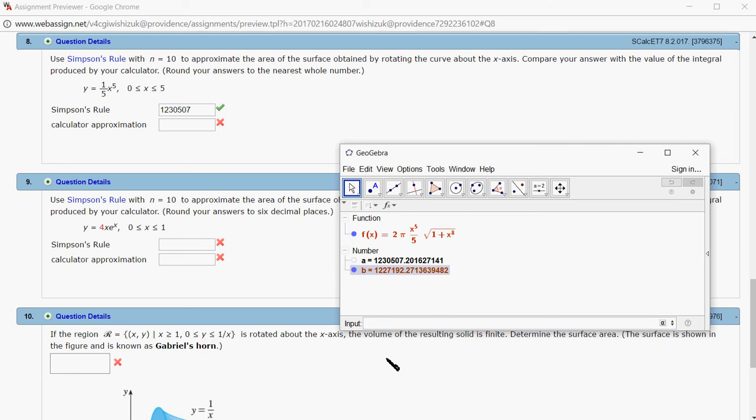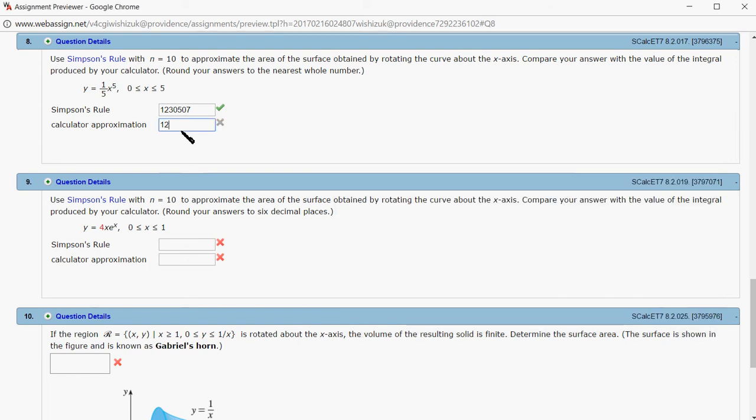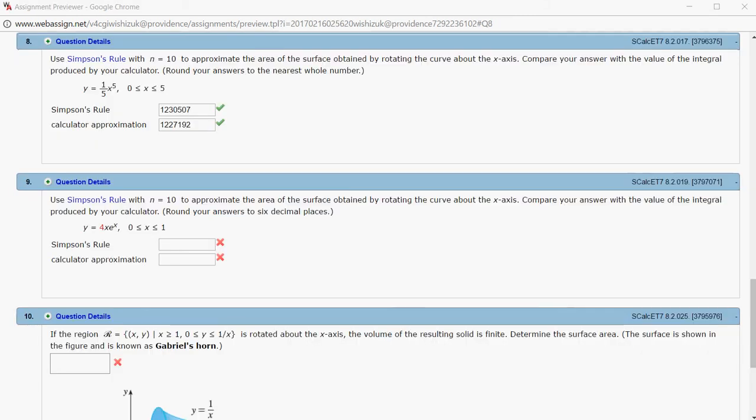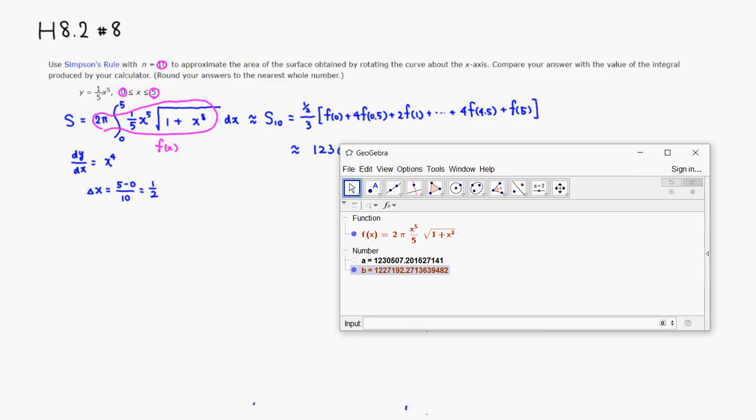So we get 1227192. Let's submit for testing. It came back and looks like we got this one correctly. That's it. I hope that this was clear.